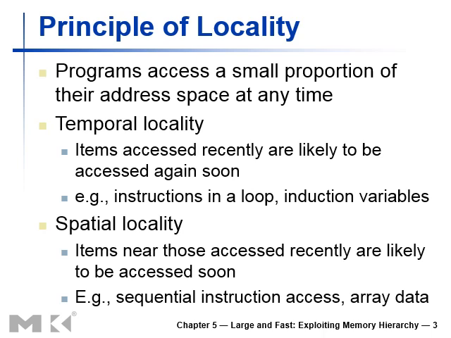If the decision is based on time, then for example, all those items which were recently accessed have a high probability of being accessed again soon. For example, we have instructions in a loop and induction variables. That is an example of temporal locality, while spatial locality deals with space.